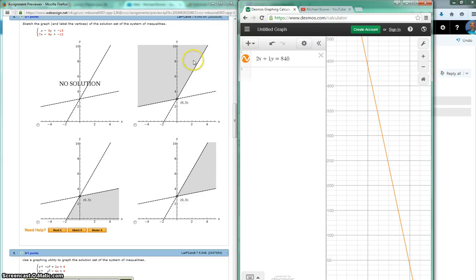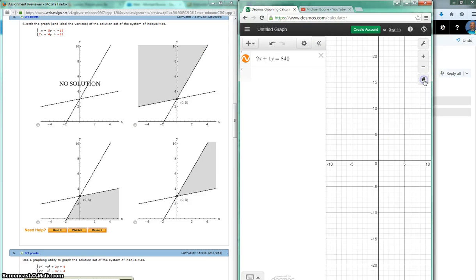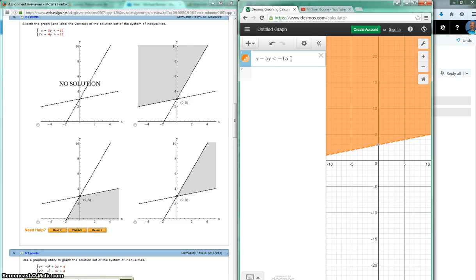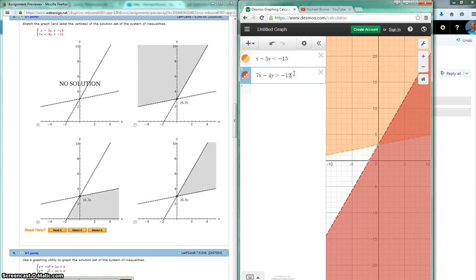Desmos does a great job of doing the inequalities and letting you see what's going on. So x minus 5y is less than -15, and it'll do the shading for you. I could do another equation, 7x minus 4y is greater than -12.